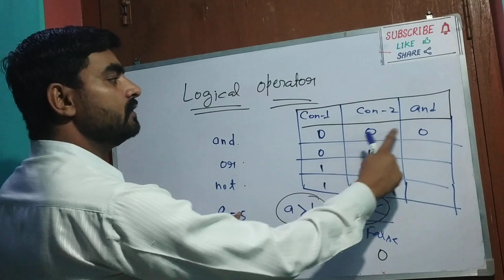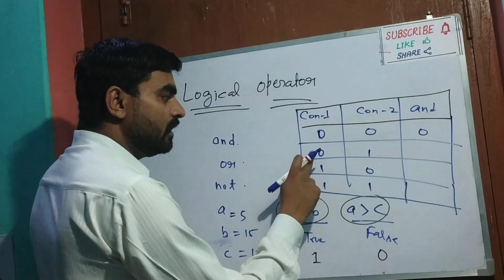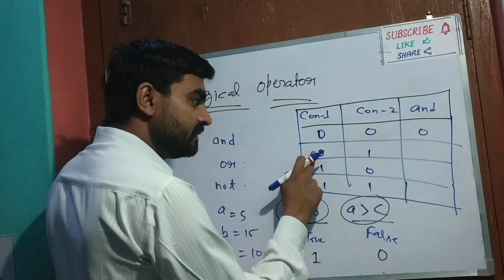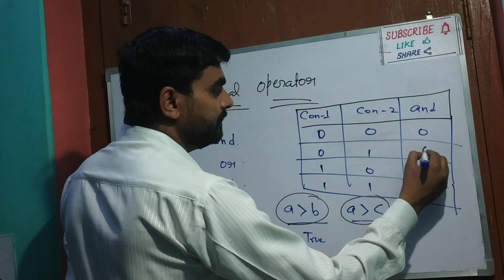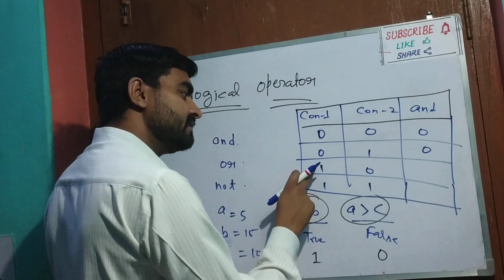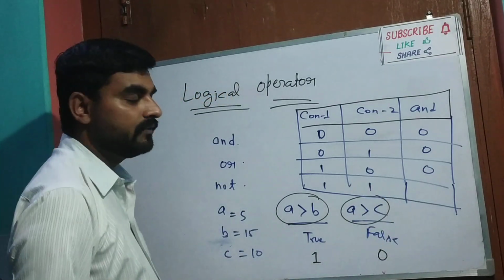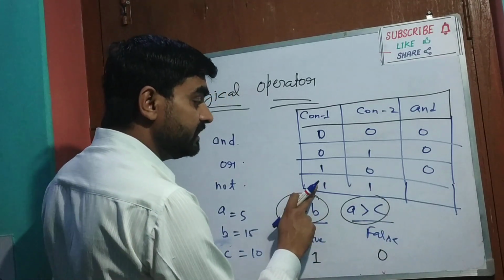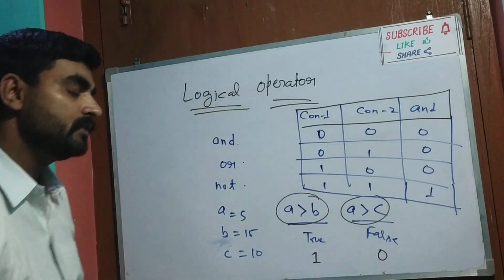So false and false becomes false. Again, if the first condition is 0 and the second condition is 1, all together it becomes 0. If the first condition is true and the second is false, together it becomes false. And if the first condition is true and the second condition is true, then the whole condition becomes true.